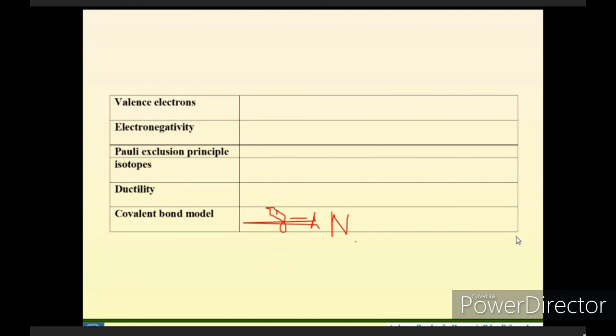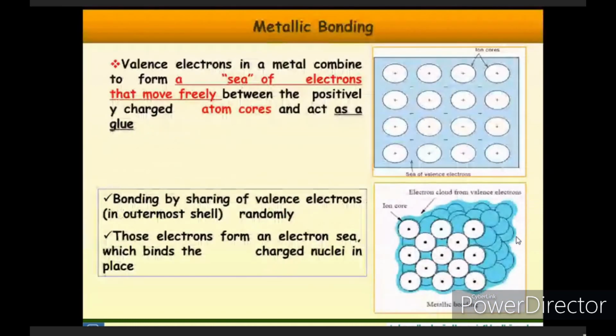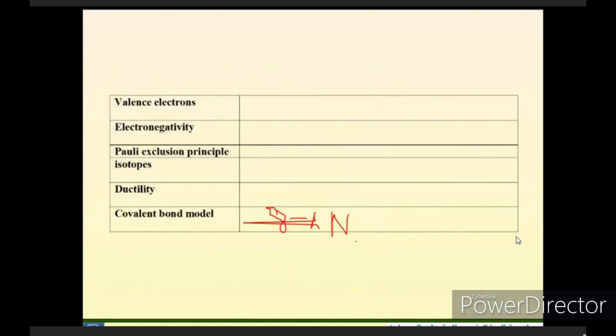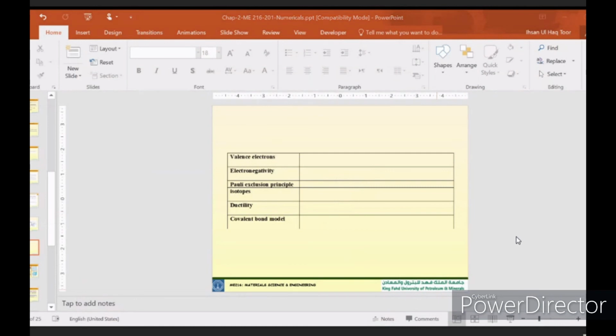So you should make your own one page for each chapter, writing about all these definitions, to have a better idea of the basic concepts. Okay, any questions? No, it's all okay.